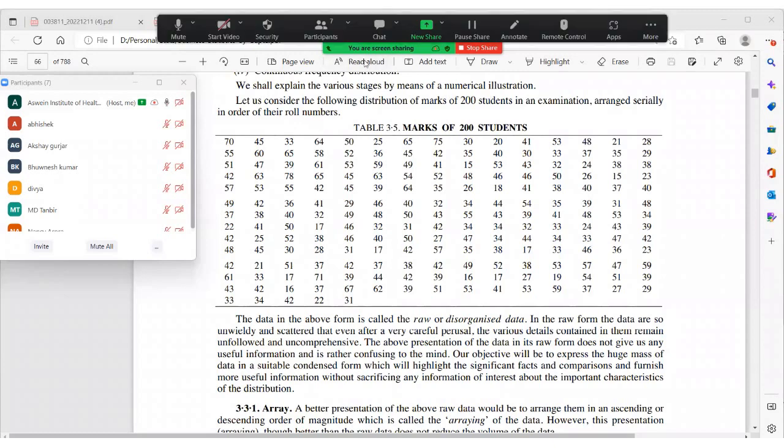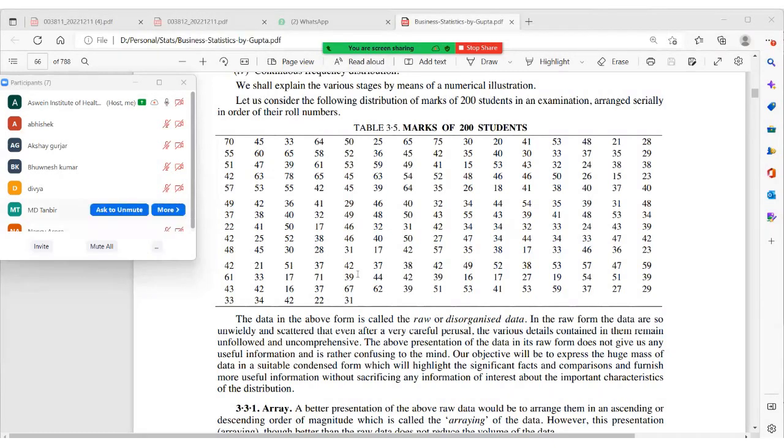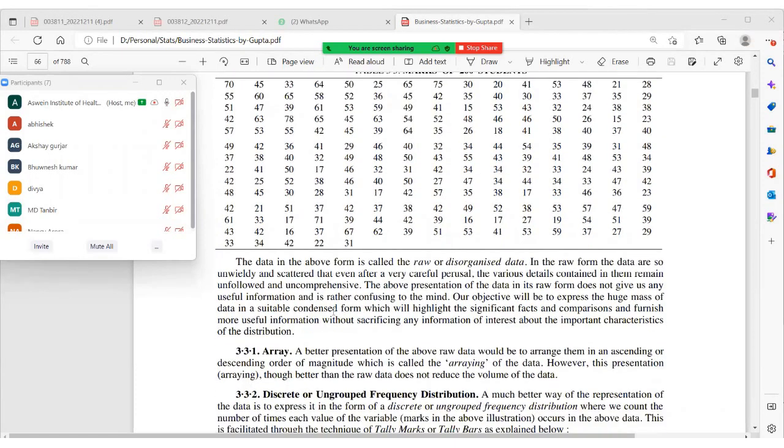Roll number 1 got 70, then 45, 33, 64, 50, 25, and so on, right? Now this is called raw data or disorganized data.